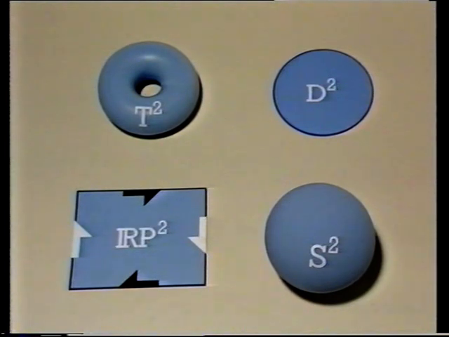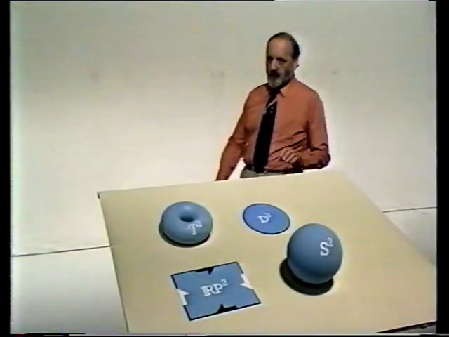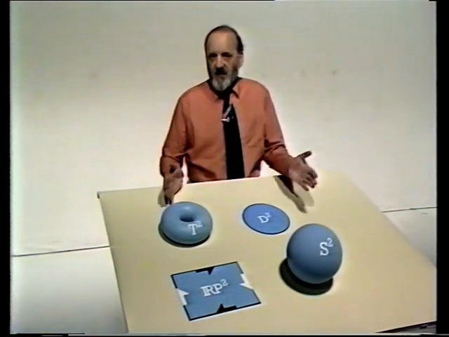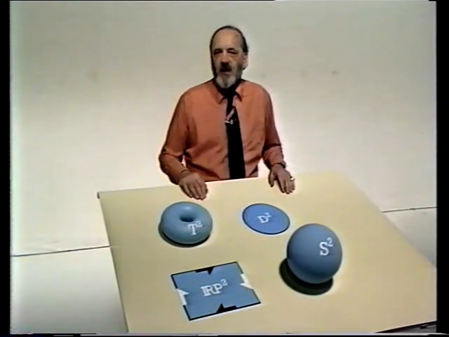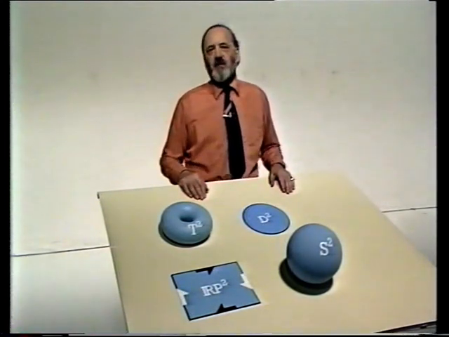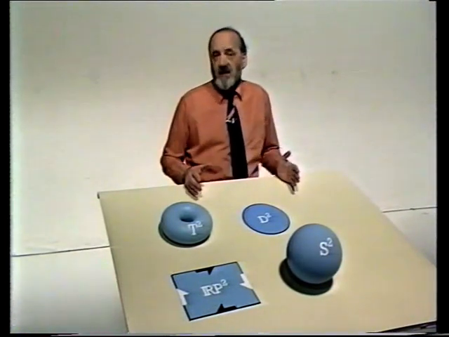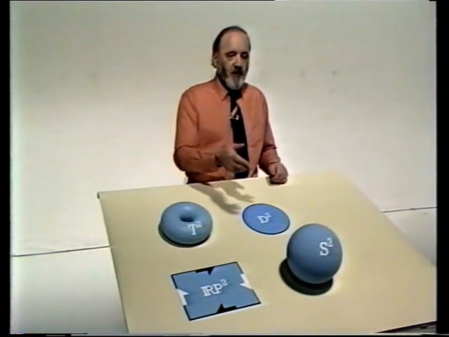We want to establish that by taking connected sums of copies of these, we can construct every possible surface. So we'll need to calculate the canonical equations of connected sums of these. But before we go back to the algebra, let's do some exploring geometrically. Let's see what happens if we take a surface which we've got already and form its connected sum with each of these in turn. Let's start with the sphere.